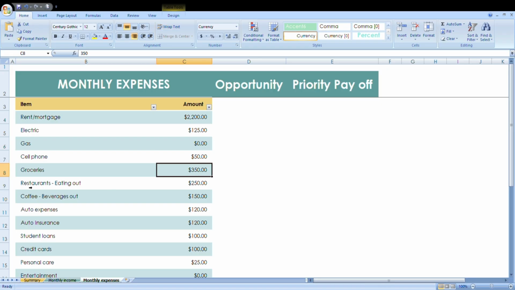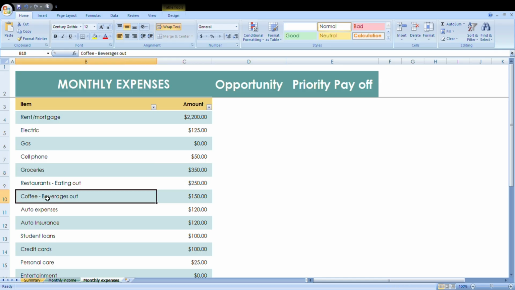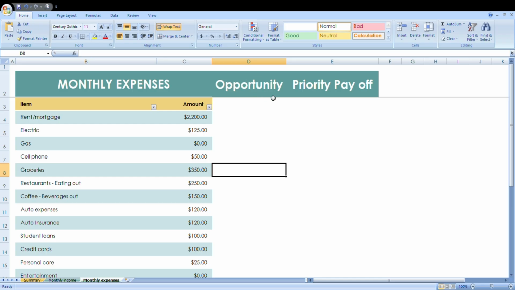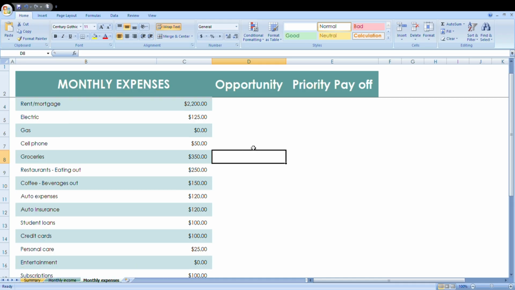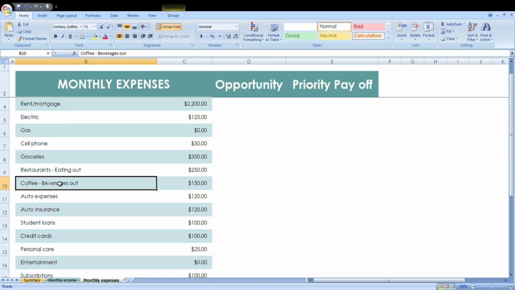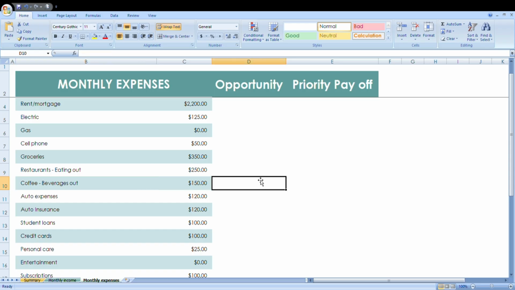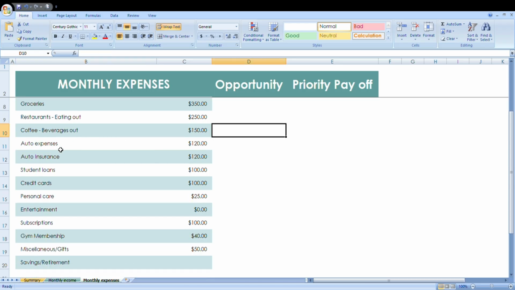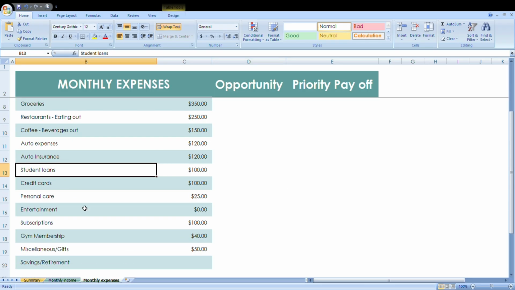Now, I did lump the restaurant and the coffee in near the groceries because we're going to look at this in a separate video of how to look at your expenses and pare them down. But right now we're just looking at getting to a zero in this budget. So groceries, restaurants, coffee, beverages out, auto expenses, auto insurance, student loans, credit cards, personal care.